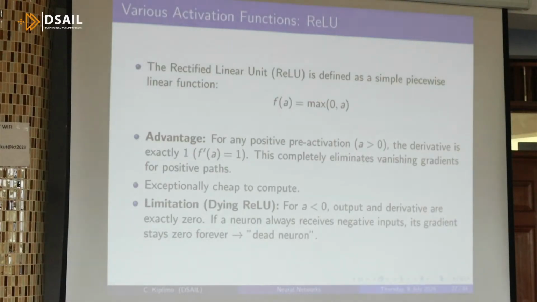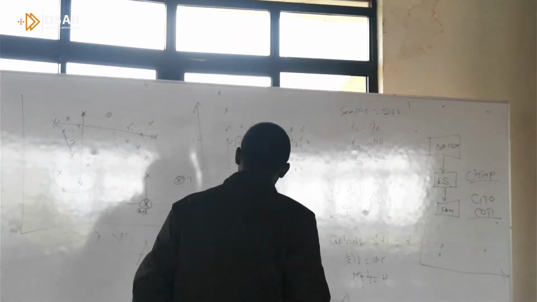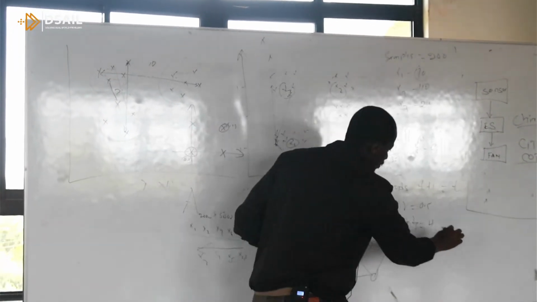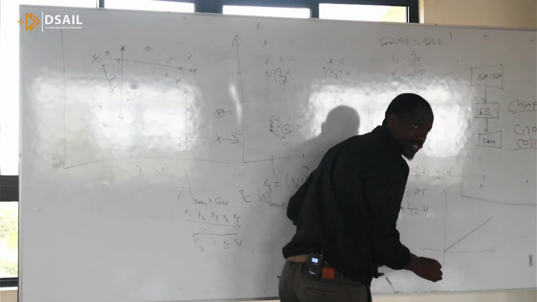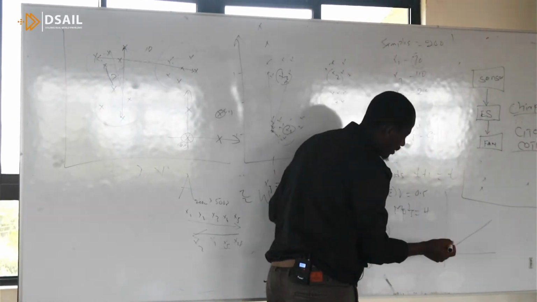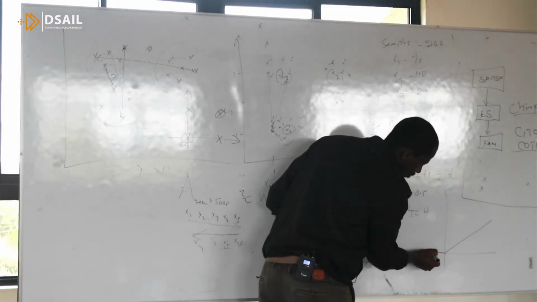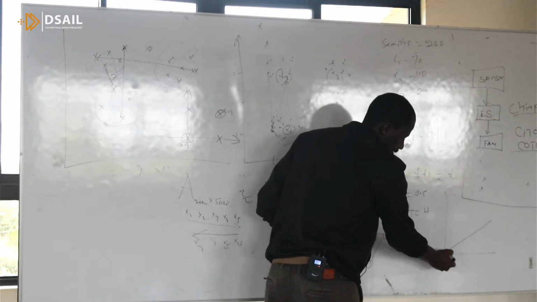All right. If you plot the rectified linear unit function, this is how it looks. When A is greater than 0, it's a straight line with a gradient of 1. But when it's less than 0, it's a flat line. So it's a nonlinear function.